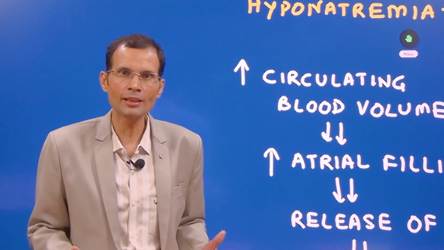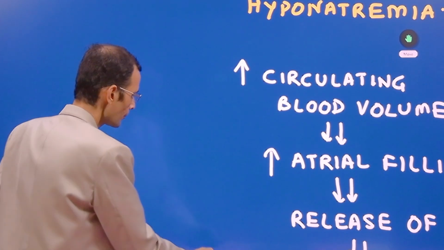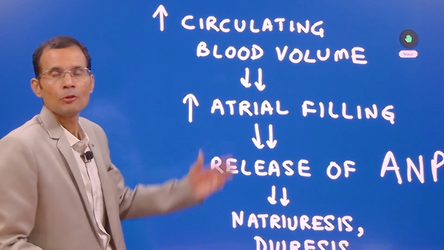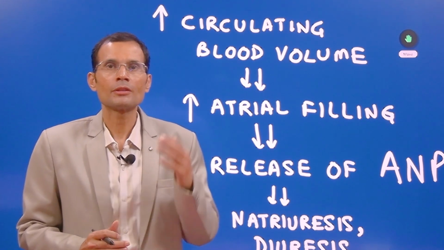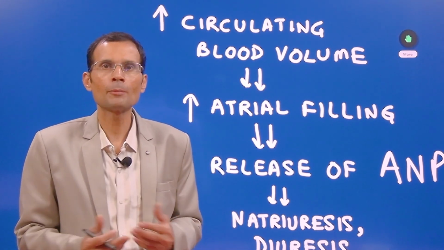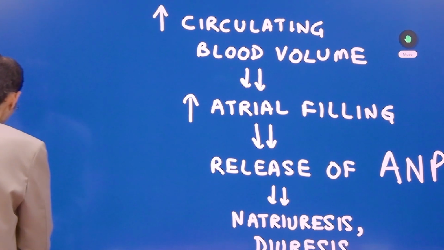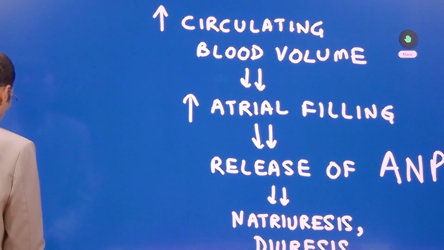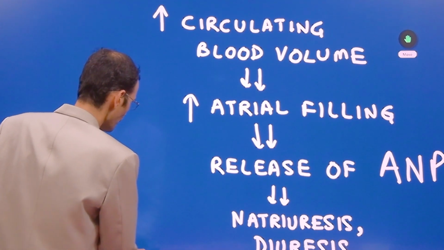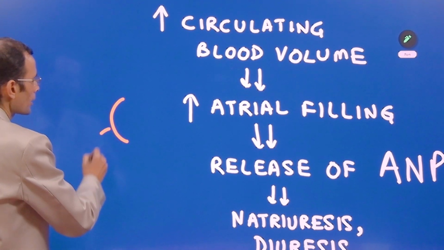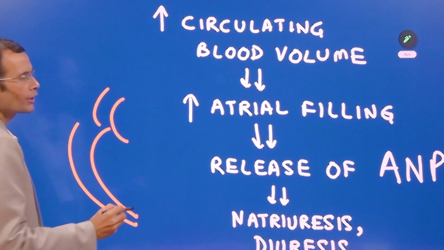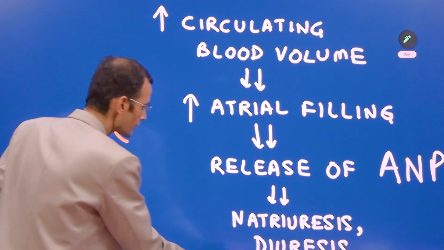Plasma volume has increased, blood volume has increased. Venous return to the heart increases. Obviously, the circulating blood volume has increased. So the venous return to the heart increases and therefore the right atrial filling will also increase.